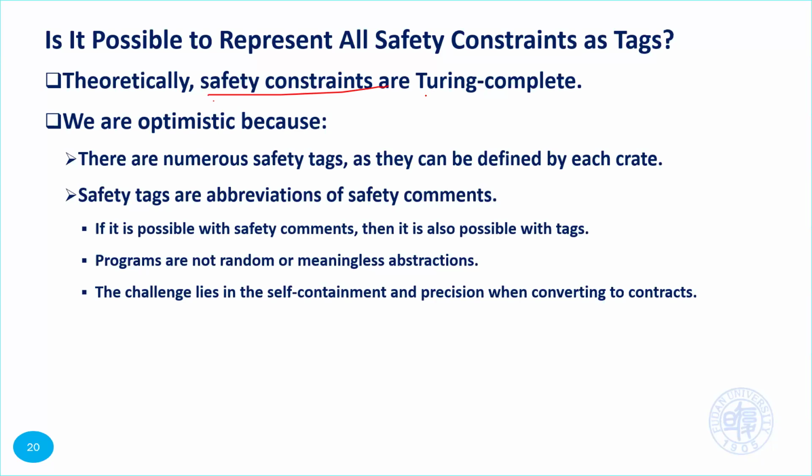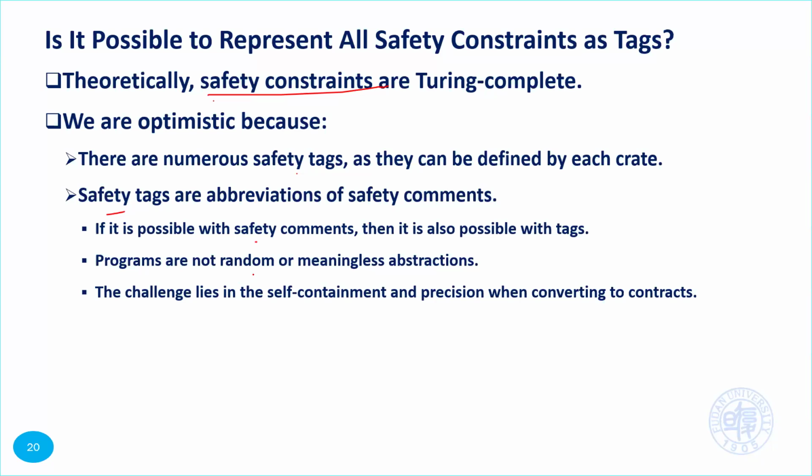But we are optimistic. Why? Because we can have numerous safety tags, and each crate can define their own safety tags. And remember that safety tags are abbreviations of safety comments. Currently, practice has already proved that it is possible to use safety comments. So it is possible with safety tags.